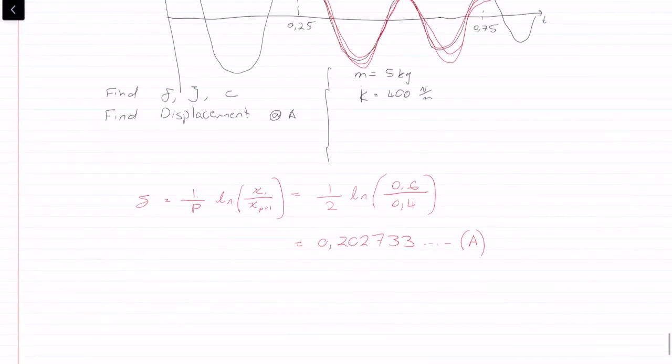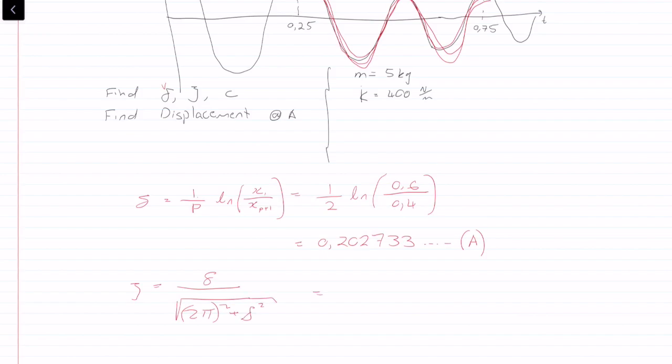Okay, so that one's done. Next we want to find the damping ratio, and luckily we've got a very nice equation that we can use. That's quite simple. It goes that the damping ratio is equal to the logarithmic decrement over the square root of 4 pi squared plus logarithmic decrement squared.